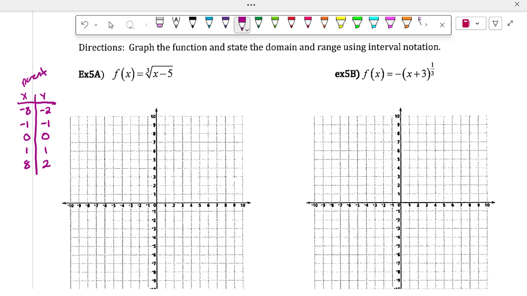Now, if we look at the function itself, what transformation is going to happen? It's not going to move to the left. It's going to move to the right 5. So remember, the y's are going to essentially stay the same. The only thing that's going to happen to the x's is that since it's going to the right 5, are we technically subtracting 5 or adding 5?